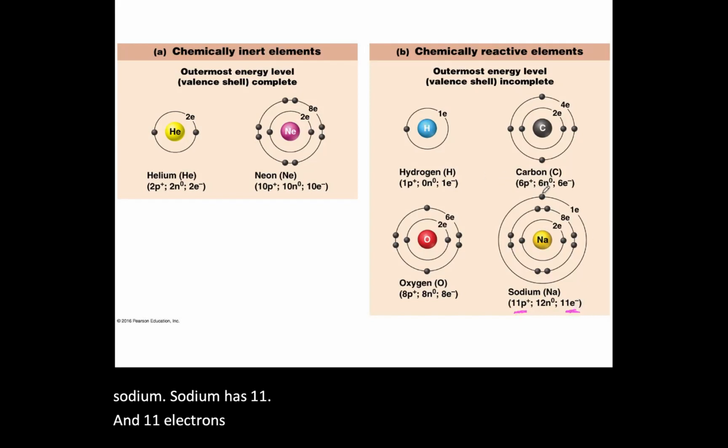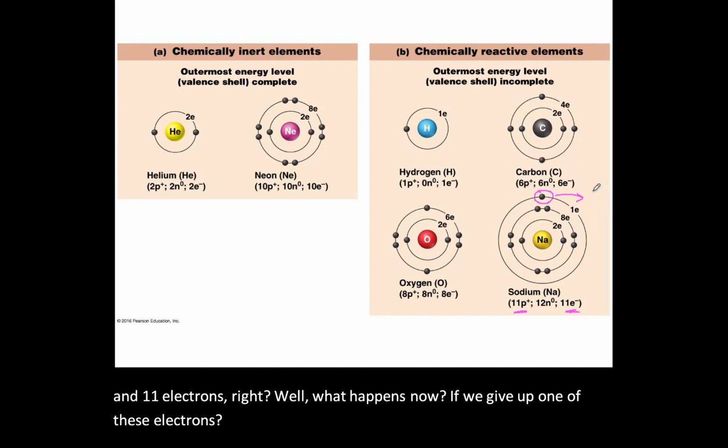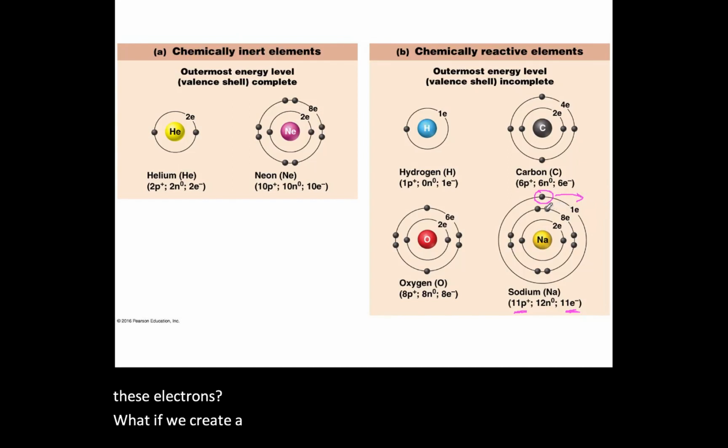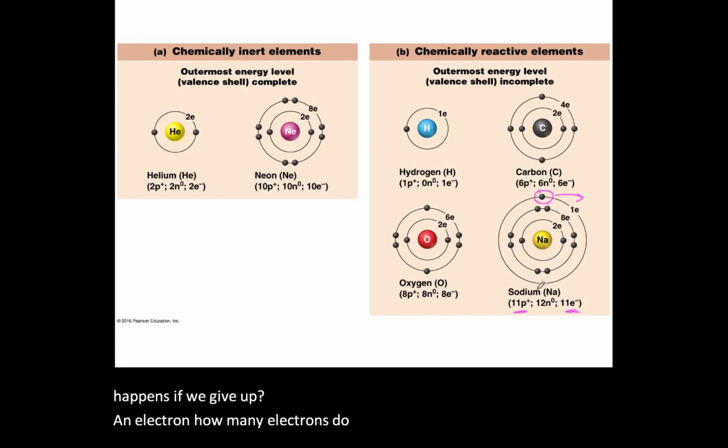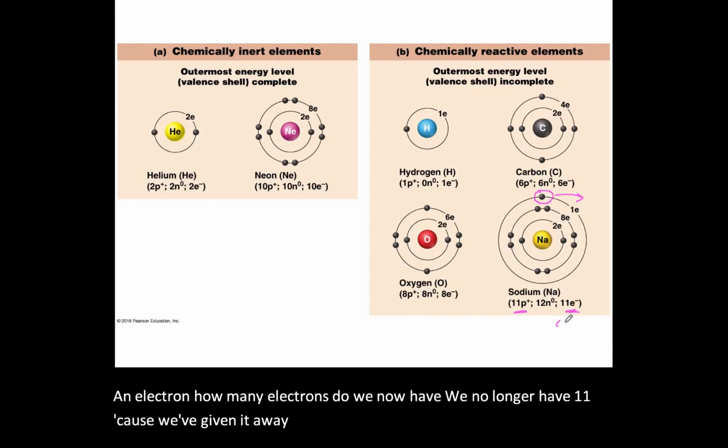Well, what happens now if we give up one of these electrons? What if we create a cation? Because cations, by definition, are atoms that give up an electron. So what happens if we give up an electron? How many electrons do we now have? We no longer have 11 because we've given it away. We have 10.